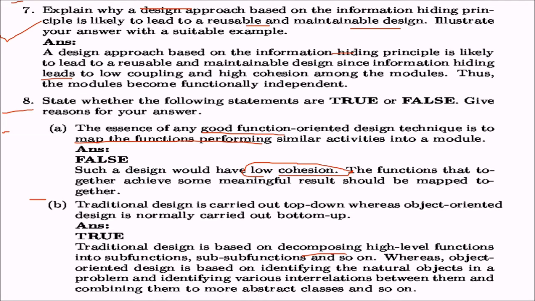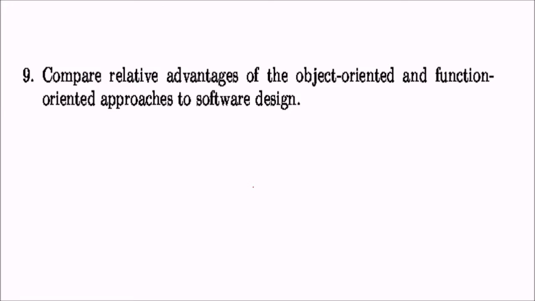These are natural objects which are in a problem. And then we try to identify the relationship, the behavior, the interdependence of these objects. And then we combine them to more abstract classes and so on and so forth. So object-oriented is a bottom-up type of methodology, while traditional design is top-down.